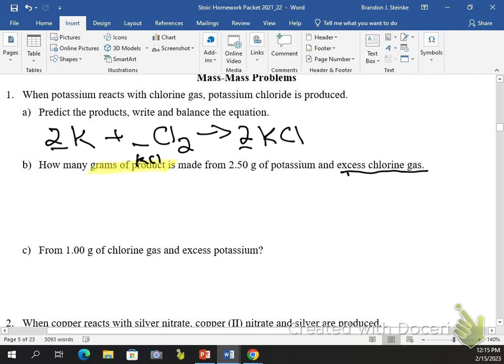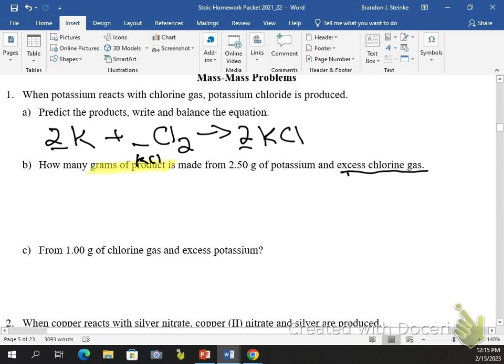This excess means, and you're going to see it quite often, that we have enough of everything else to react with whatever the question's asking about for it to work. Because on Friday, that's not going to be the case. We have to figure out what's in excess and what's limiting that reaction from moving forward. We'll talk a lot more about that on Friday. But that excess doesn't mean a lot to you today, Tuesday.